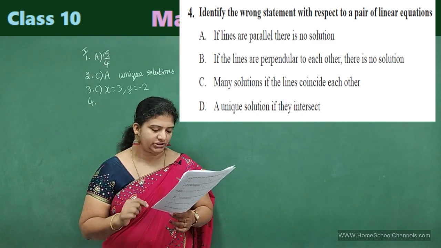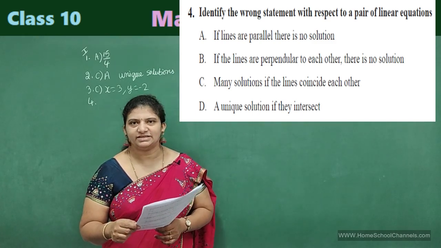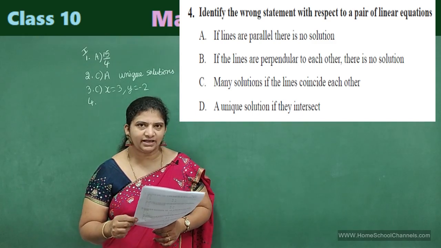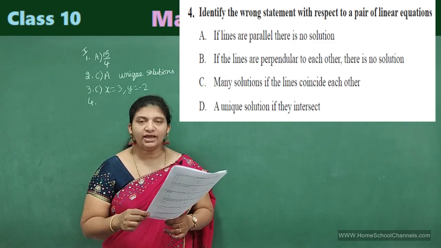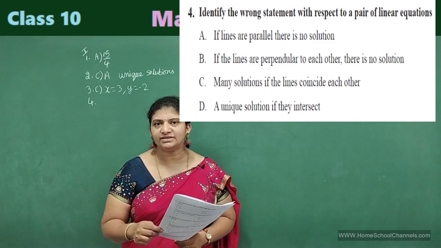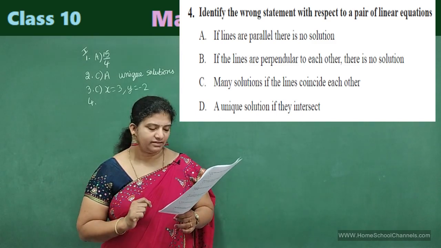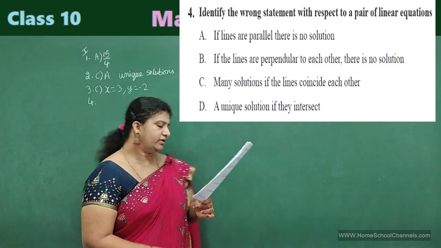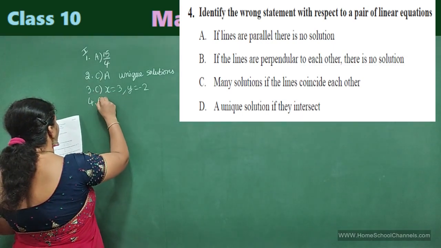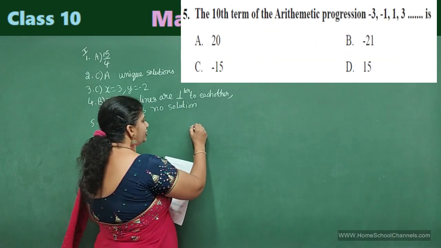Let's see option C, many solutions if the lines coincide with each other. Yes, if two lines are coinciding, it will have many solutions. Option D, a unique solution if they intersect. Yes, this is also a right option. A, C, D are the true statements. Then among these, which is the wrong statement? Option B.